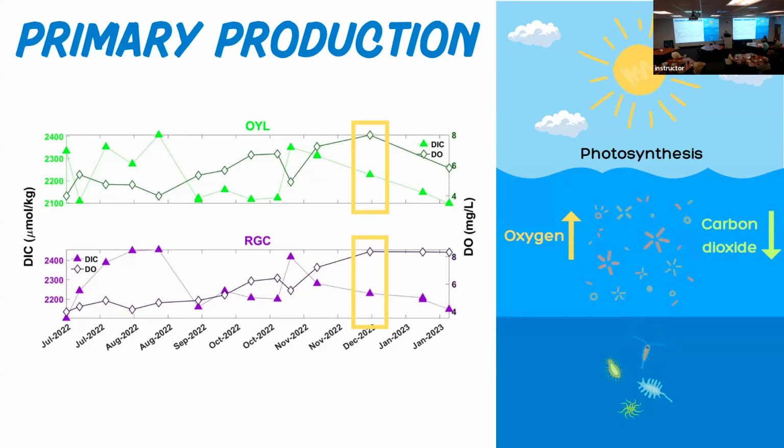So we see a removal of carbon in the system. Looking at this data set, highlighted in the yellow bars, we can see some instances where higher dissolved oxygen coincides with a decrease in dissolved inorganic carbon. So this is a process that could potentially have been affecting our carbonate system outside of just the global uptake of atmospheric CO2. This is one of those localized processes that could be affecting our system.